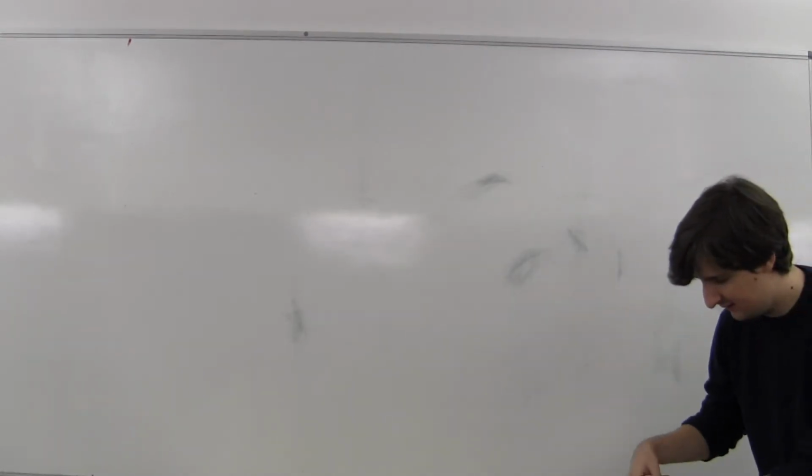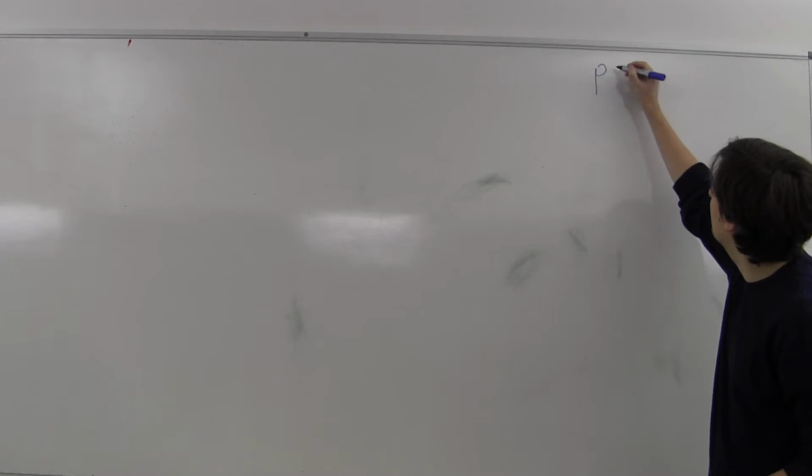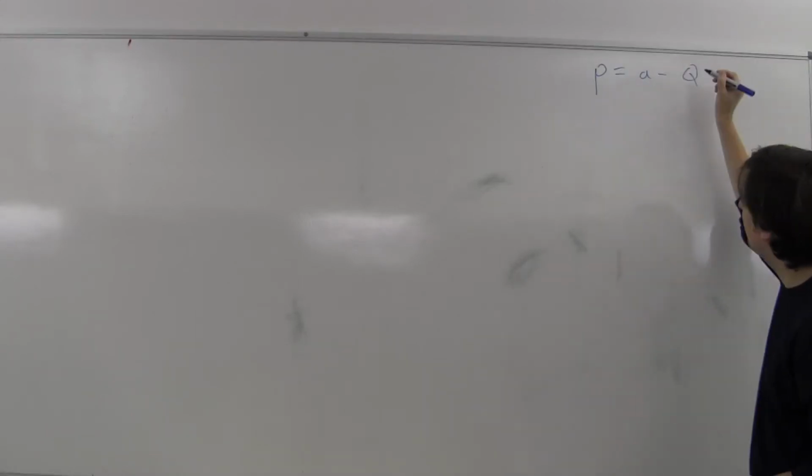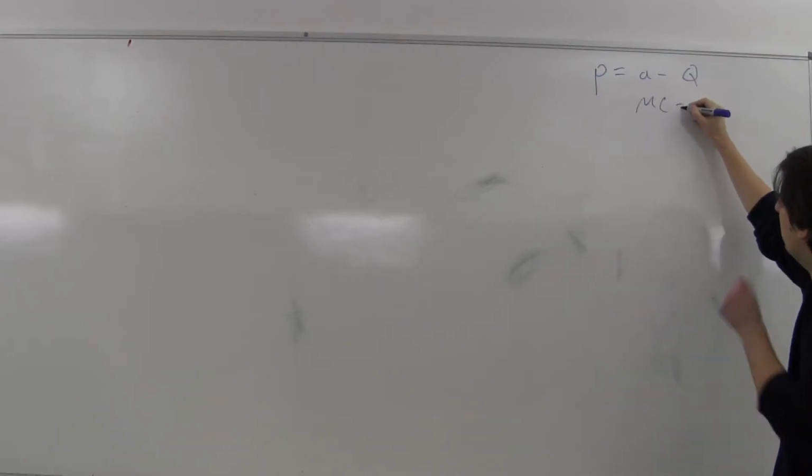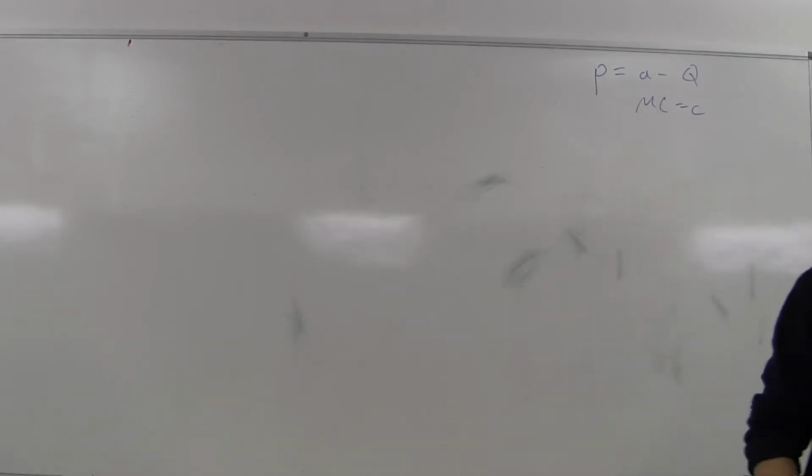Okay, so this exercise with a tax. Okay, monopolies. So there's a demand curve which is P equals A minus Q, and there's some cost of production C, positive marginal cost.